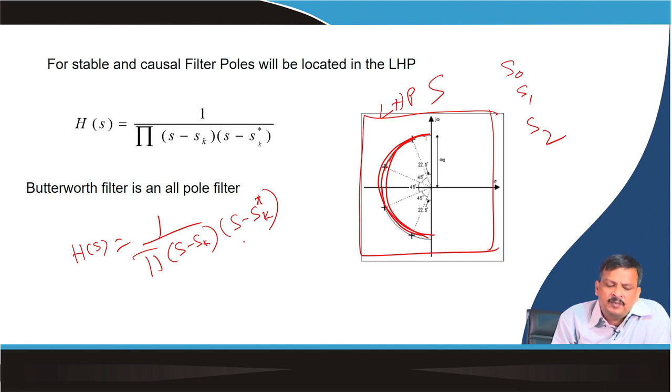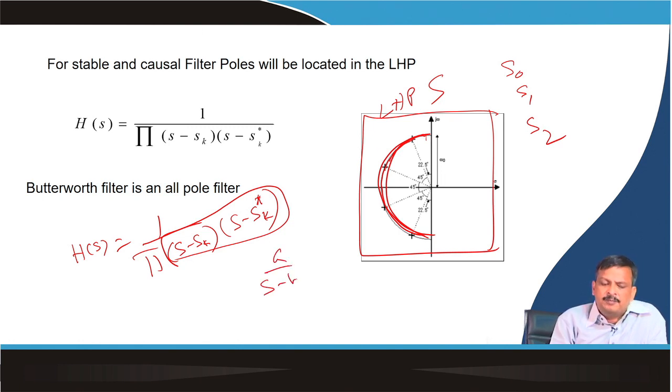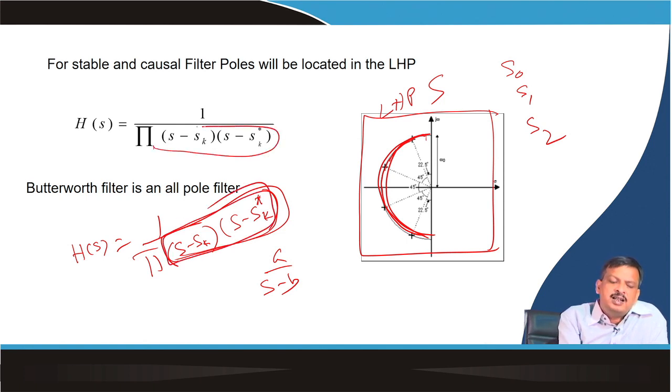Why have I given the star? Because if the filter transfer function is real, then the poles will occur in complex conjugate form, like A by S minus B being real.